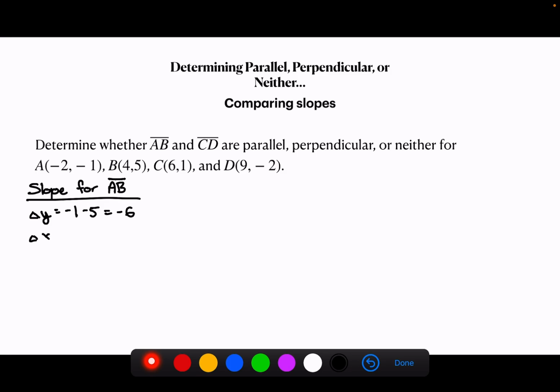The change in x is going to be -2 minus 4, which is -6. And so our slope is -6 over -6, which just gives us 1.